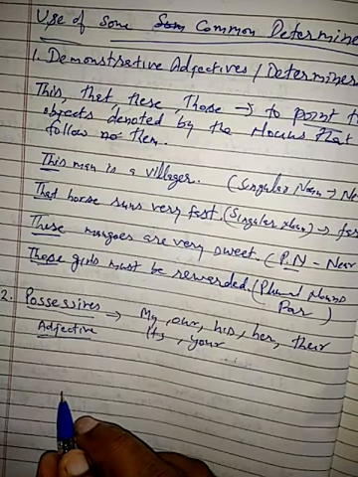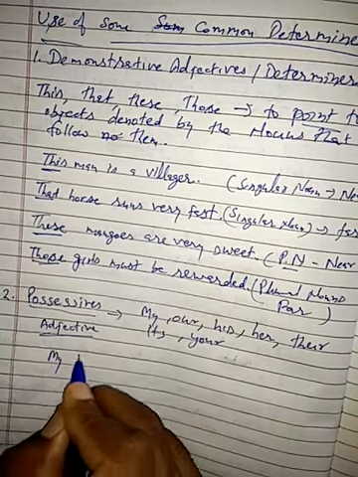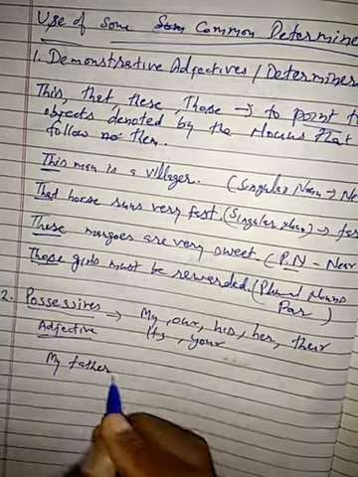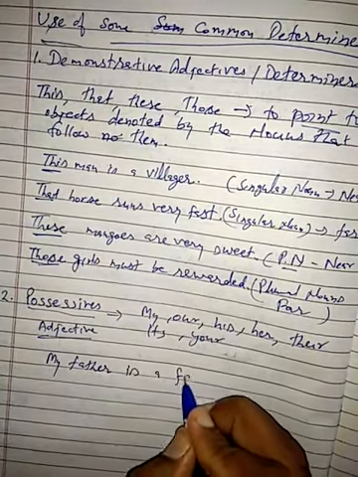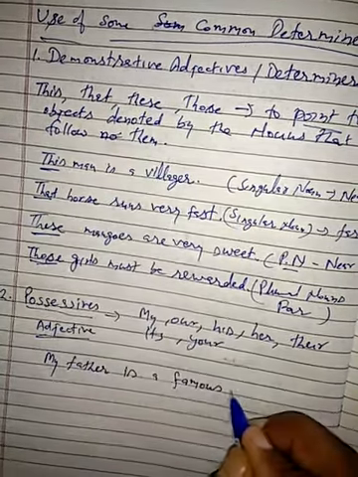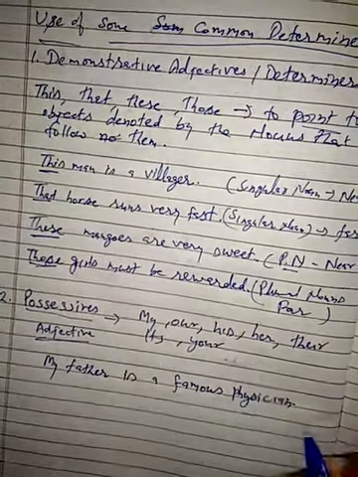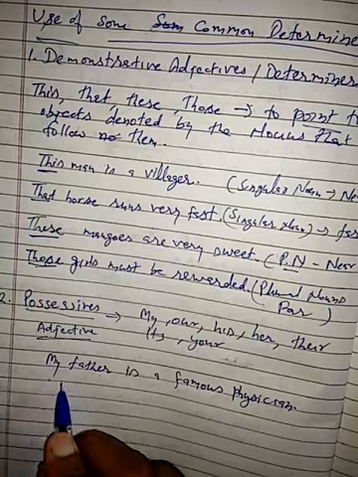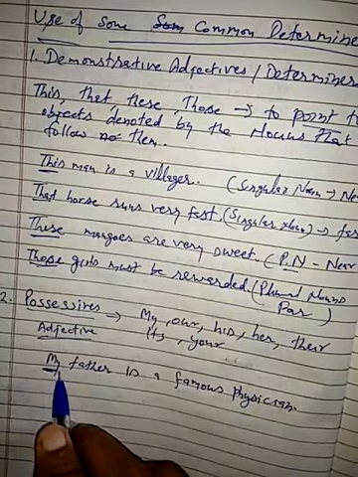Clear? For example, my father is a famous physician. डॉक्टर है, so whose father? My father. The possession of father is to me.